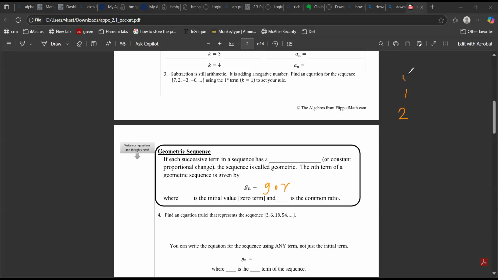I'm taking the 0th value, right? 0th value is 2, 4, 6. Considering this, let's say I want to find the 6th term of this sequence. I'm starting from the 0th term, right? So how many common ratios will I have to multiply to go from 0 to 6? Krish, you can answer as well.